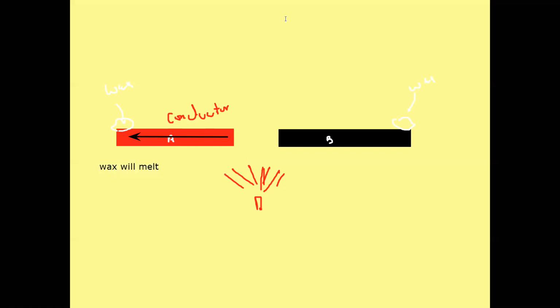But how can I know that the second rod is an insulator? An insulator does not allow the heat energy to pass through it. So if I'm supplying heat energy and I observe no change in the candle wax, it means this material is an insulator.